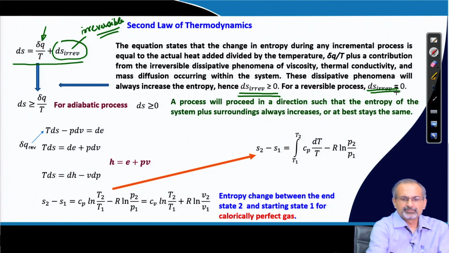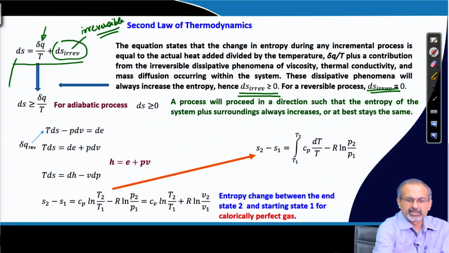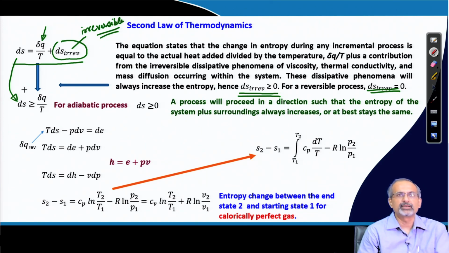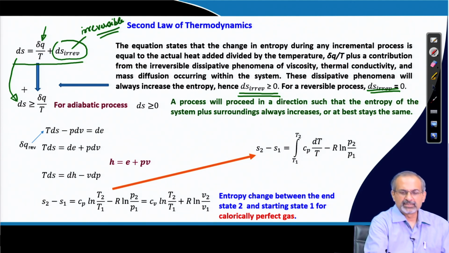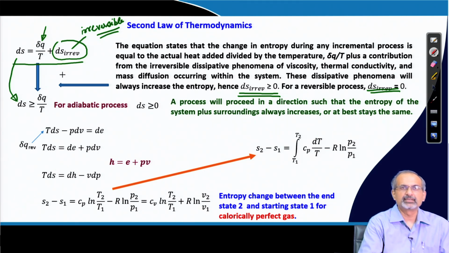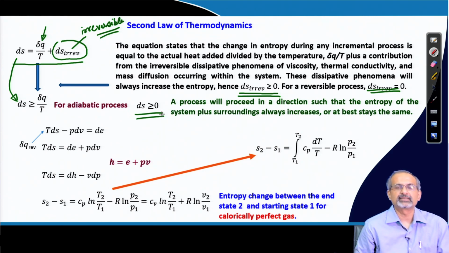So, in general, we can reduce this statement to a form like this, that ds is greater than equal to del q by T, and of course, that basically means that without explicitly mentioning ds irreversible, you have just changed it into an inequality. For an adiabatic process, since del q will be 0, it basically reduces to ds greater than equal to 0.